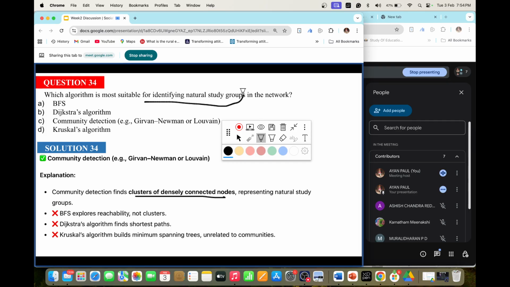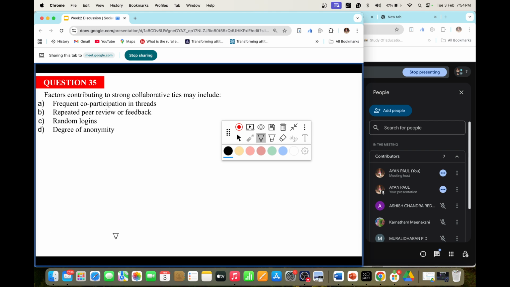Identifying natural study groups means we have to detect the community, so option C is the correct answer. BFS explores reachability, not clusters. Dijkstra finds the shortest path. Kruskal's algorithm builds minimum spanning trees, unrelated to communities.